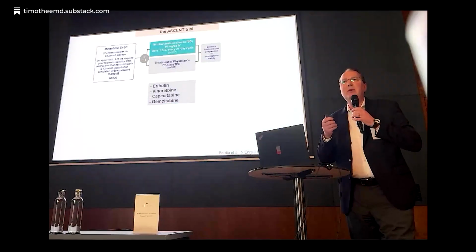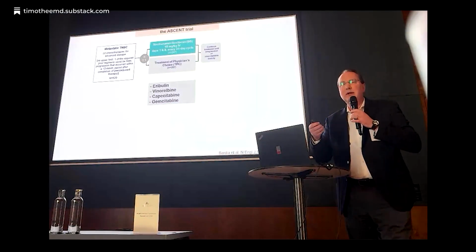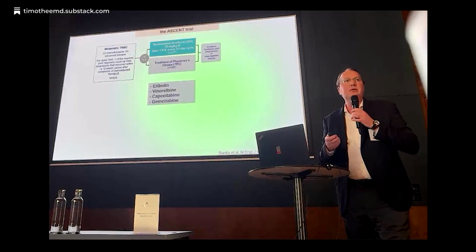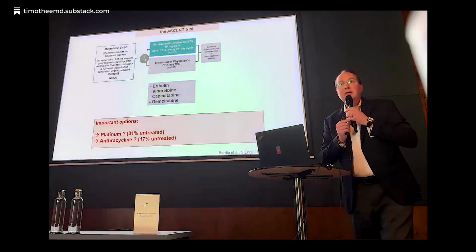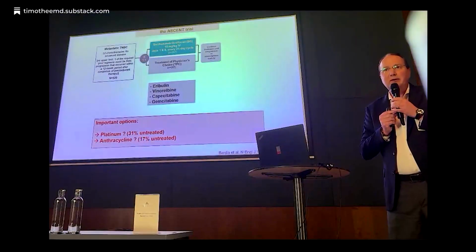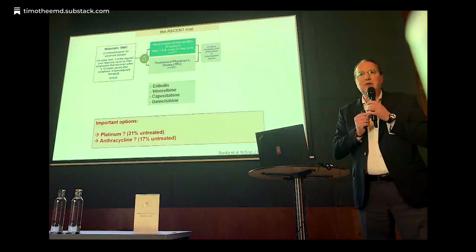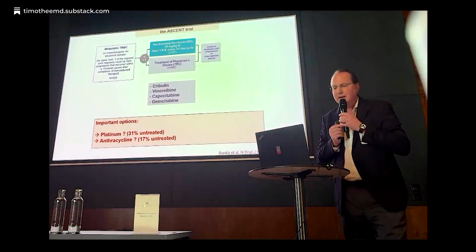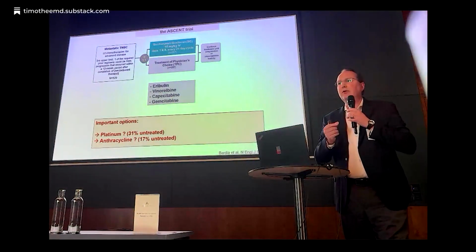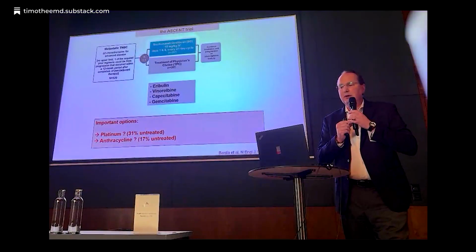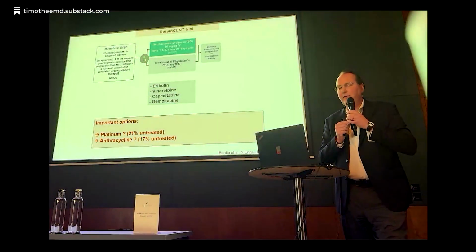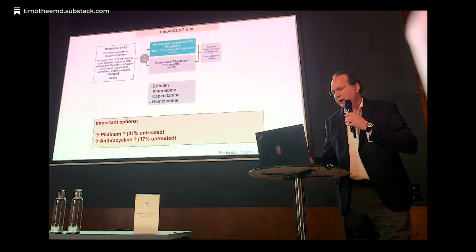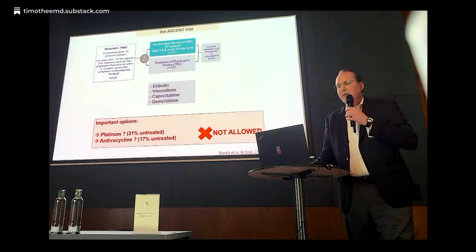You should be very careful in studying every option that you could consider for this patient. For instance, platinum-based chemotherapy was not allowed, and 31% of patients were not treated with it, and we know it's an important option in triple-negative breast cancer. Anthracycline is also a backbone in breast cancer treatment, and 17% of patients were untreated. So this is one point to look at.